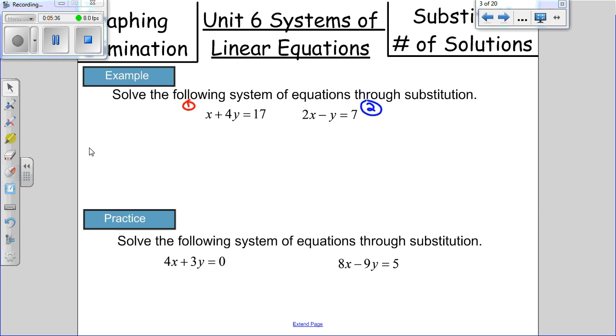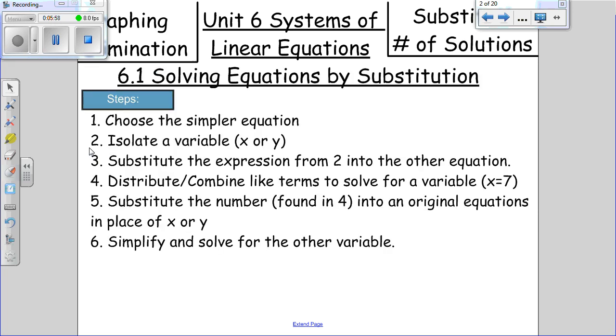In this case, they both kind of look the same, right? So this question, x plus 4y equals 17, looks about the same level of difficulty as 2x minus y equals 7. If you had one of these equations with a bunch of fractions and decimals, that would look harder. And I wouldn't pick that one. For whatever reason, some people really stress out about number 1, choosing the simpler equation. You can't be wrong.